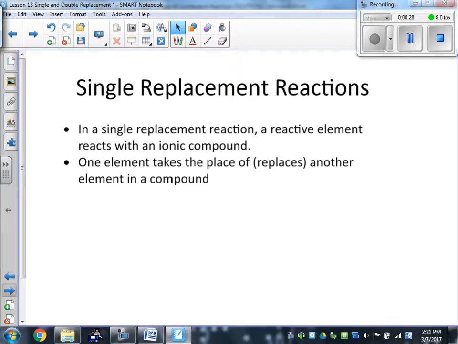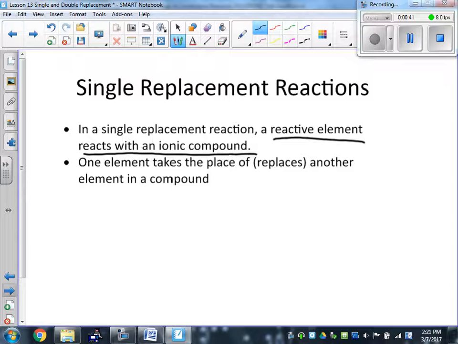So go ahead and copy this down, guys. Single replacement. In a single replacement reaction, a reactive element reacts with an ionic compound.